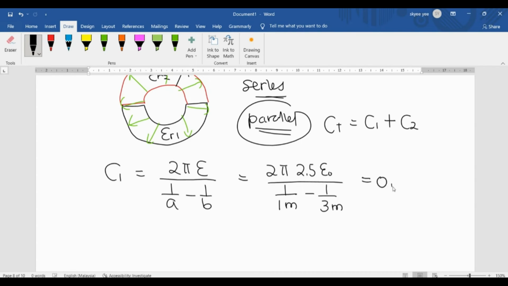So you have 0.21 picofarad. Is it correct?